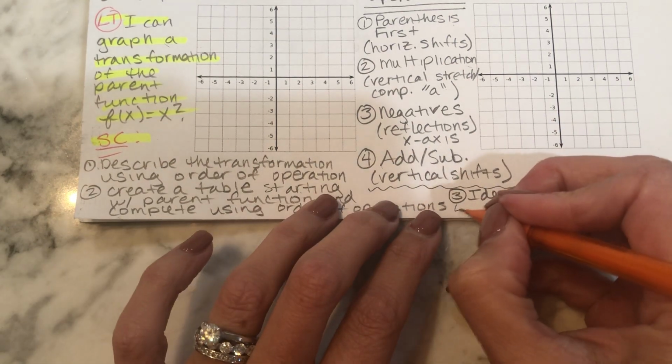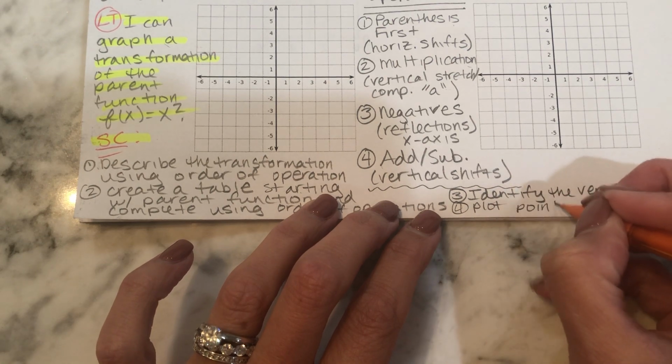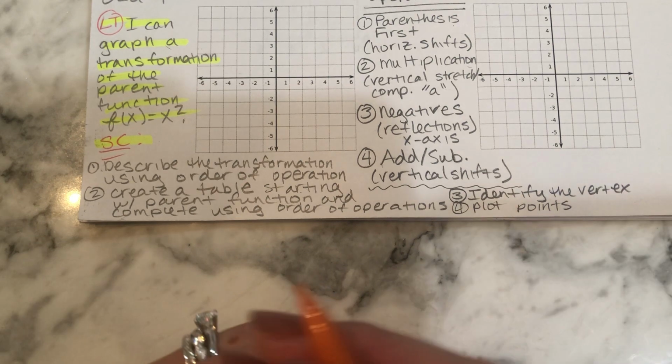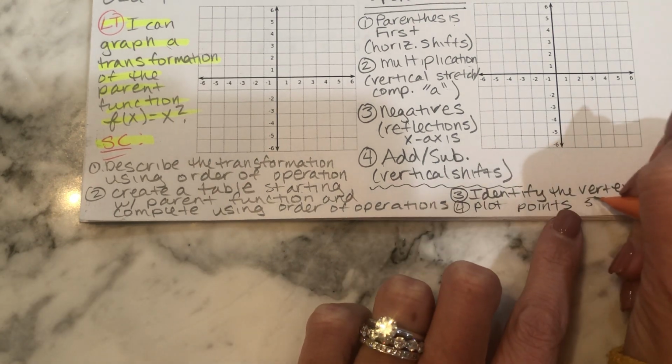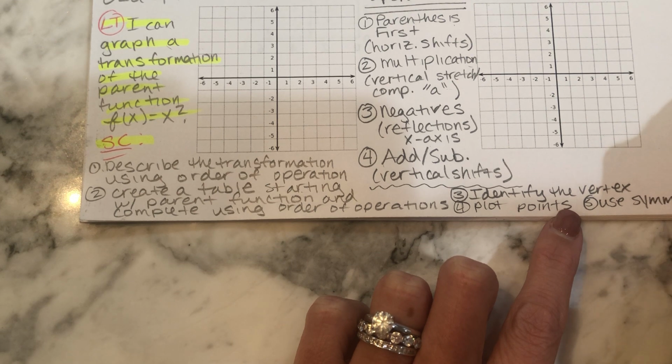Then you plot your points. And then you're going to use symmetry to complete the graph. That's step 5. Use symmetry to complete the graph.